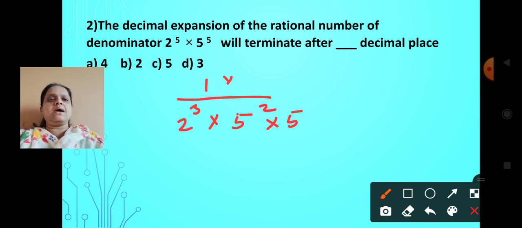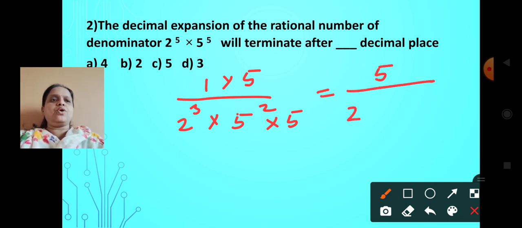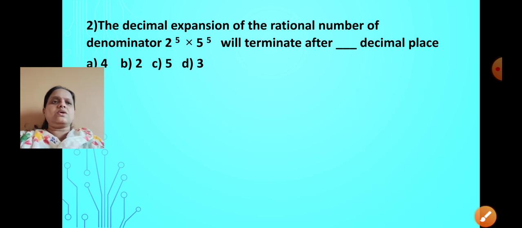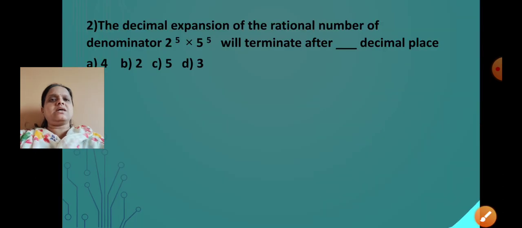Therefore I will multiply numerator and denominator by 5 so that it becomes 5 upon 2 cube into 5 cube. Now again the exponent is the same, therefore it will terminate after 3 decimal places. Is it okay children? Let us see the next sum.